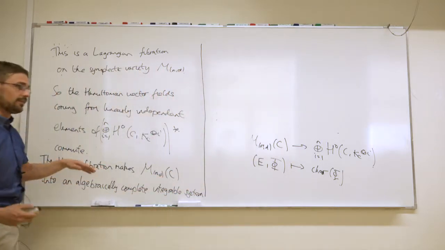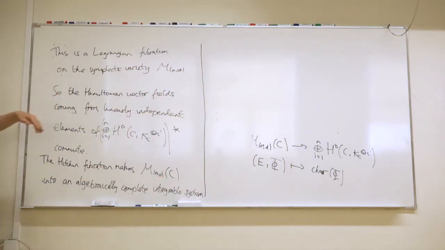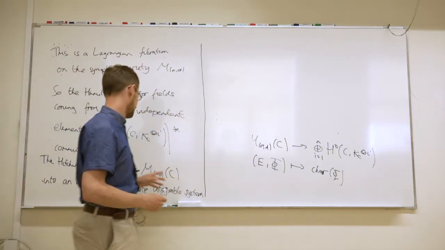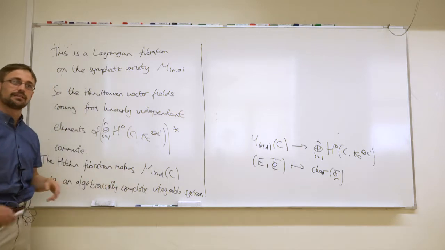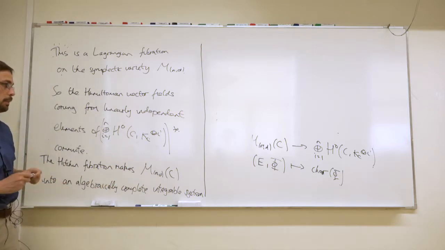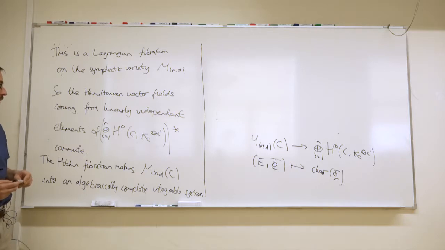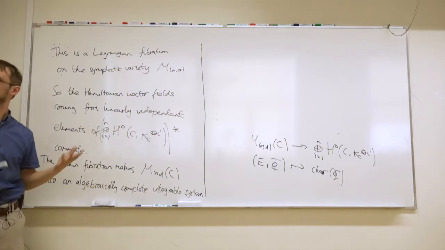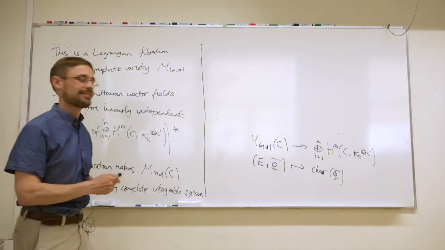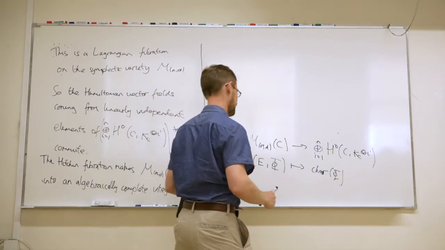So the tori, which you get as fibers of this map, are really algebraic tori given by Jacobians of the spectral curve. Okay, so this is the titular integrable system which we're trying to talk about.